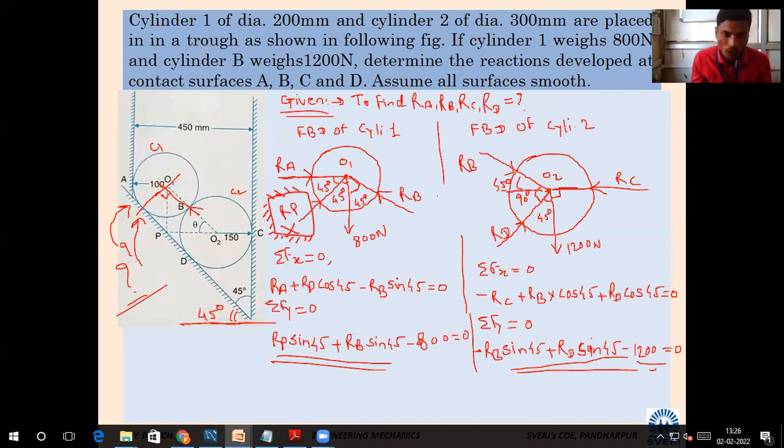So in first, we have to remove this RP. Once we remove it, how many forces will remain in FBD 1? Three forces. Then we can apply Lami's theorem and find it.